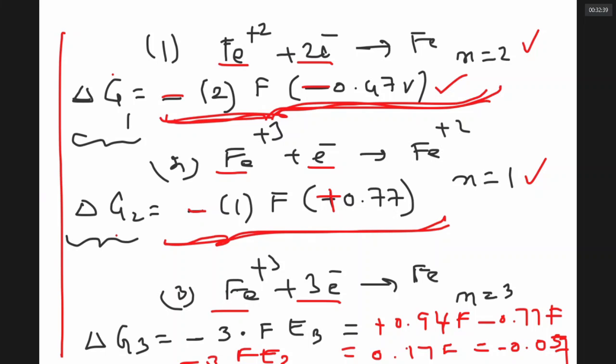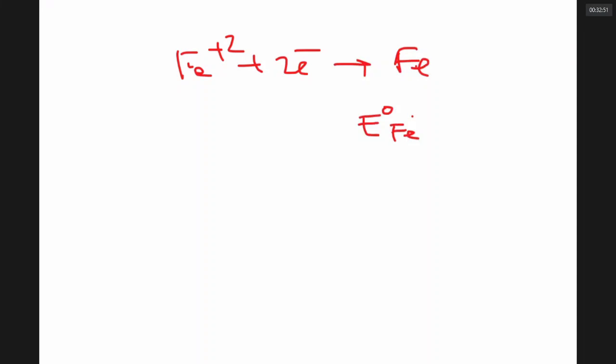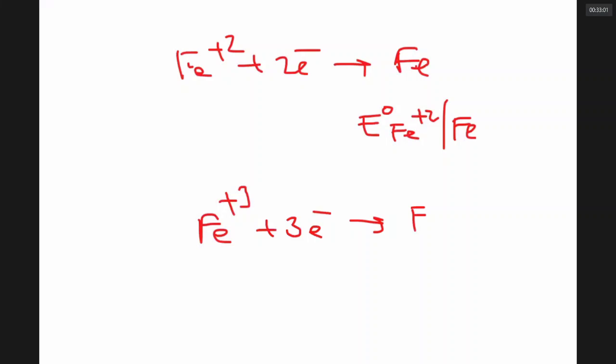Yes, sir. Always they don't give it that simple. They can give you Fe plus 2 electrons gives Fe, which means they give me E0 Fe plus 2 by Fe. They will also give me Fe plus 3 gaining 3 electrons to become Fe, meaning E0 Fe plus 3 by Fe.